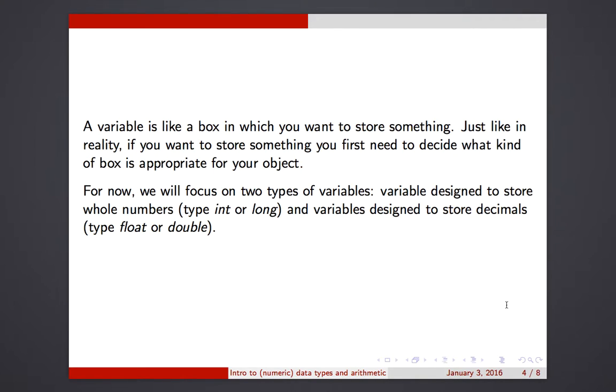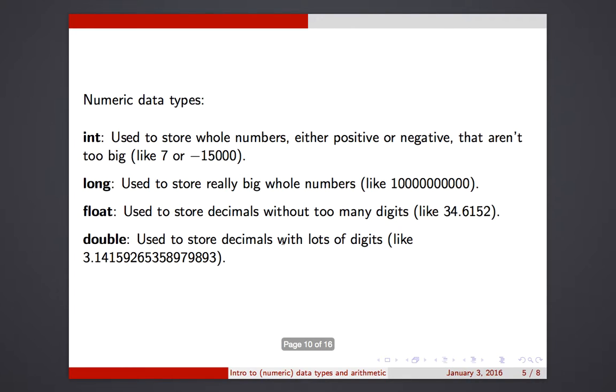So for now, we will focus on two types of variables. Variables designed to store whole numbers, type integer or type long, and variables designed to store decimals, type float or type double. So type int for integer is used to store whole numbers, either positive or negative, that aren't too big. 7, negative 15,000.